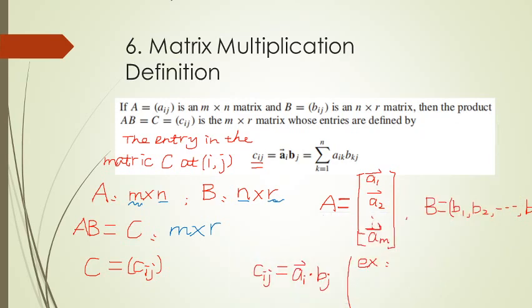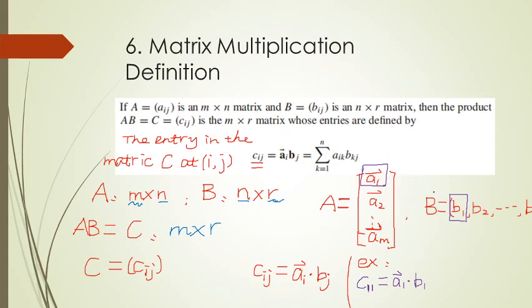So C11, the entry in the matrix C located at the first row and first column, will be the first row vector times the first column vector, which is this one, right? And then times this one. Then what does the row vector times the column vector mean?